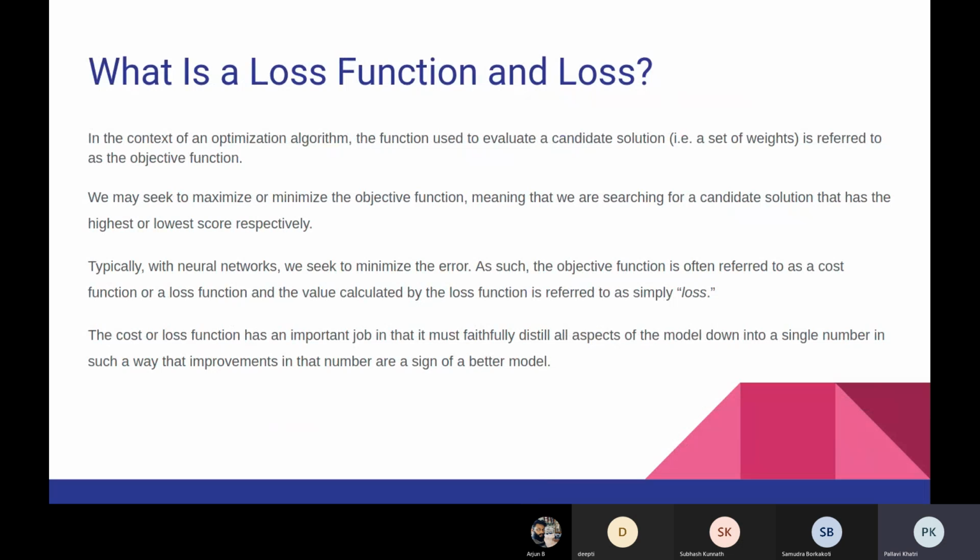If I am getting a 2% error but classifying a cat as a dog, my model is in fact not better. But if I am getting even a 5% error and my model is still able to detect or classify things perfectly, then it's a better model. So this is what a loss function or loss is.